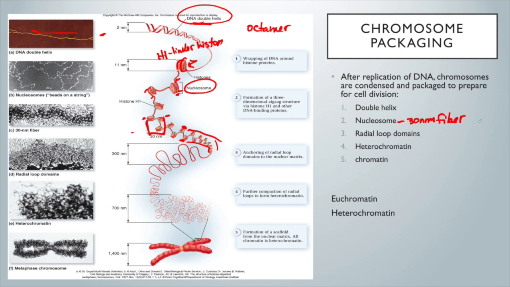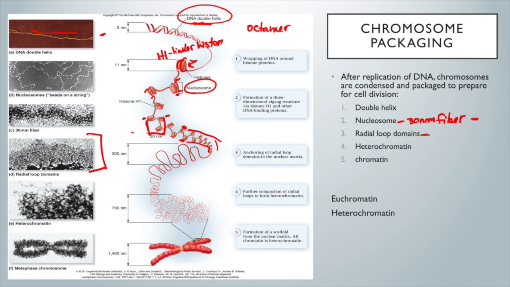Once the 30 nanometer fiber is created, the DNA begins to zigzag again and create what's called radial loop domains. The radial loop domains are anchored to the actual nuclear matrix. I'm going to show you this micrograph right here. This is an electron micrograph of our radial loop domains.